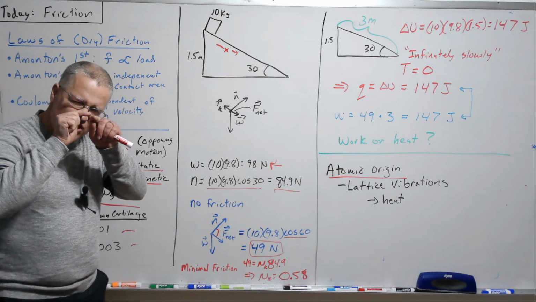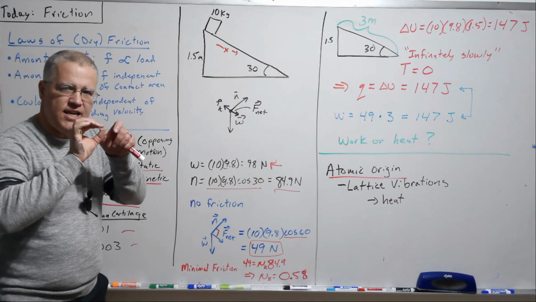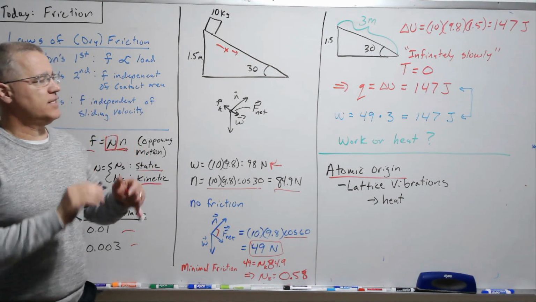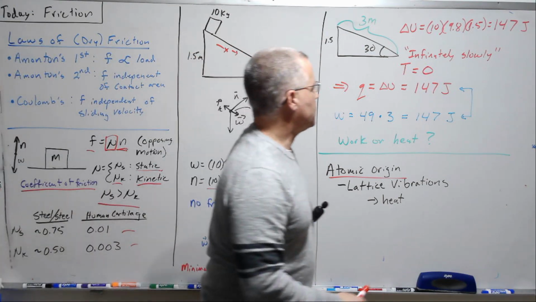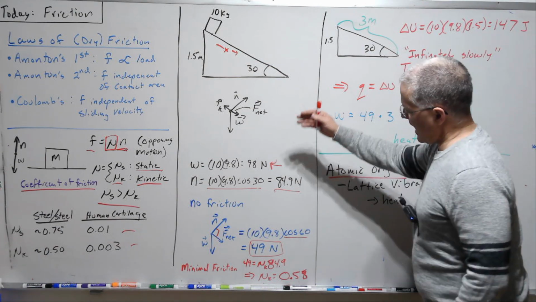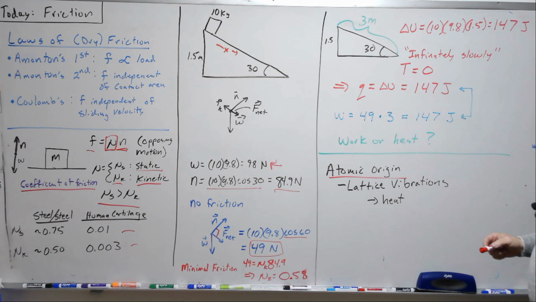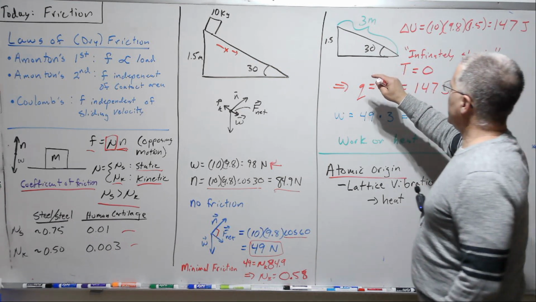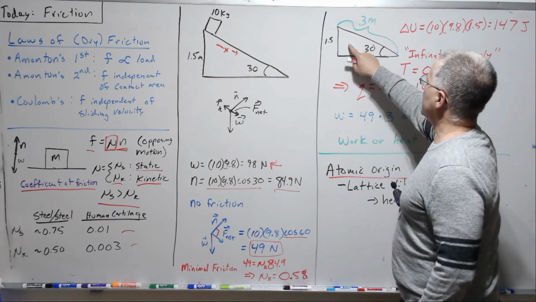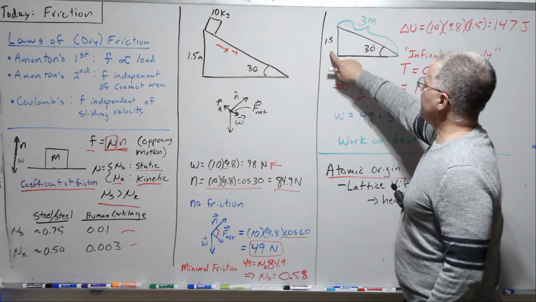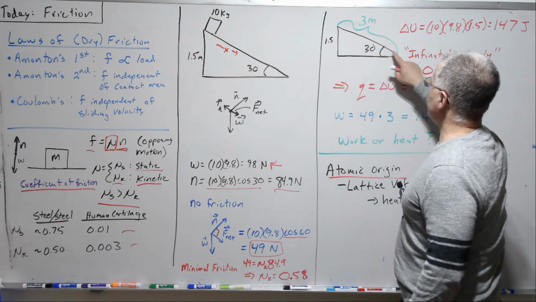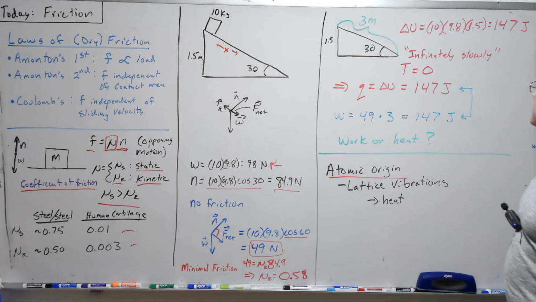Now, let's say we just tap it and it's moving infinitely slowly, so we can take it as moving as slow as we want. Let's see what happens when this gets down to the bottom of this ramp. Let's do a little trigonometry here. The height here is 1.5 meters, so this total ramp distance is 3 meters.